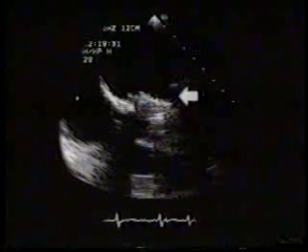Transesophageal echocardiography was performed. With the transducer behind the left atrium, the disc reverberations appear in the left ventricle. In this diastolic frame, the opening excursion of the disc is significantly reduced.